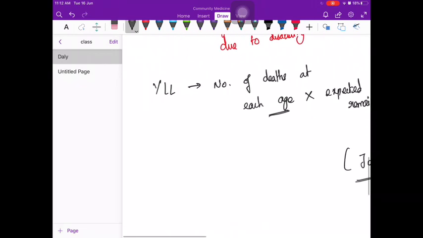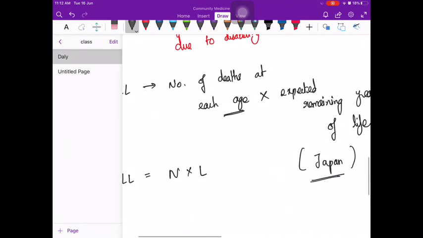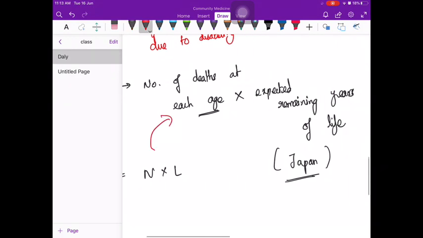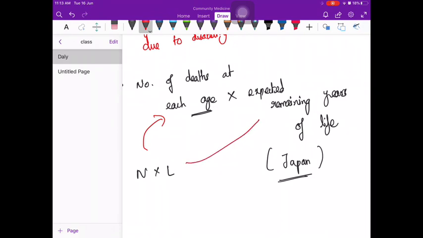So YLL is N into L, where N stands for number of deaths at each age and L stands for expected remaining years of life lost due to premature mortality.